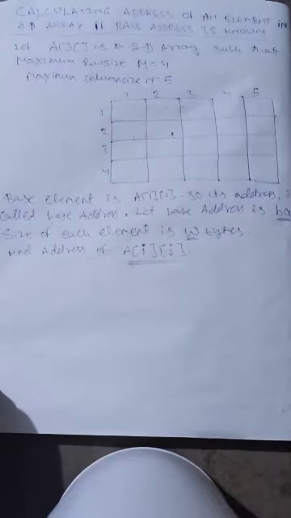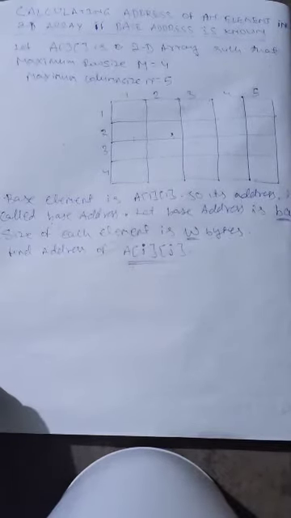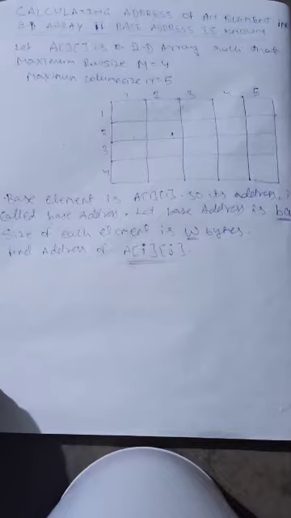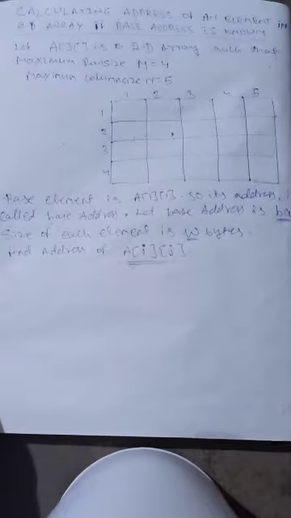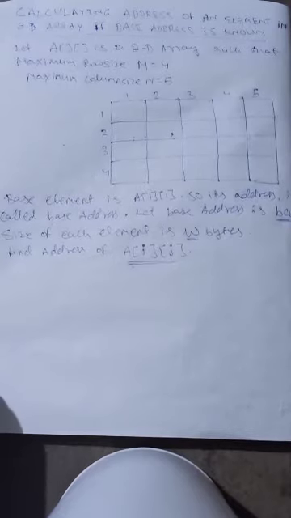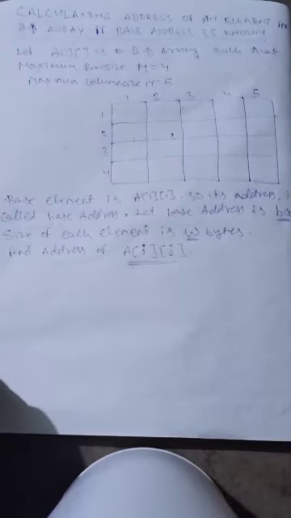In this video we will see how to calculate the address of an individual element in a two-dimensional array if the base address is given or known. In our last video we have already seen how a two-dimensional array is implemented in memory.